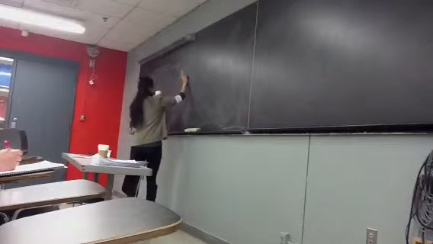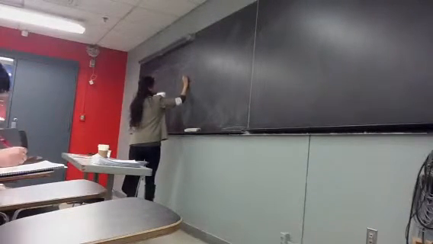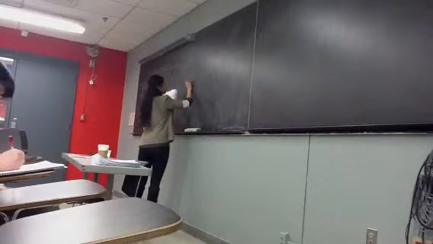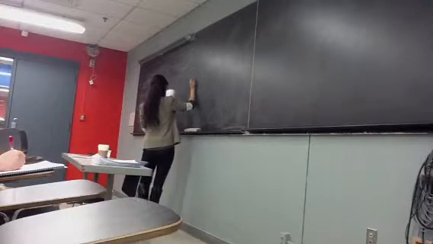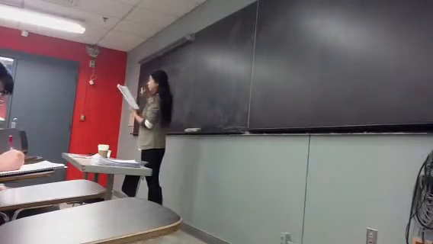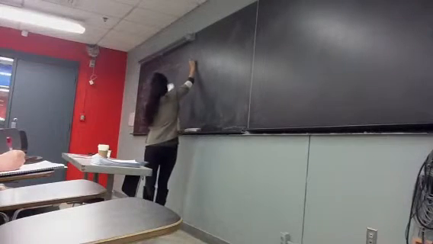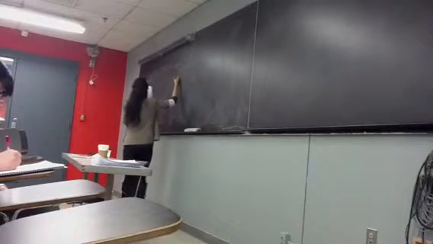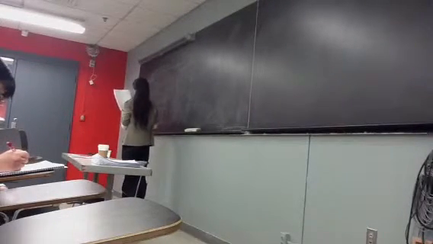Looking at this, I know my R is going to be 0.0821 liter atmosphere per mole Kelvin. And my T, it tells us 25 degrees Celsius, remember to convert to Kelvin, so 298 Kelvin. Pressure, they give us 4.15 torr.